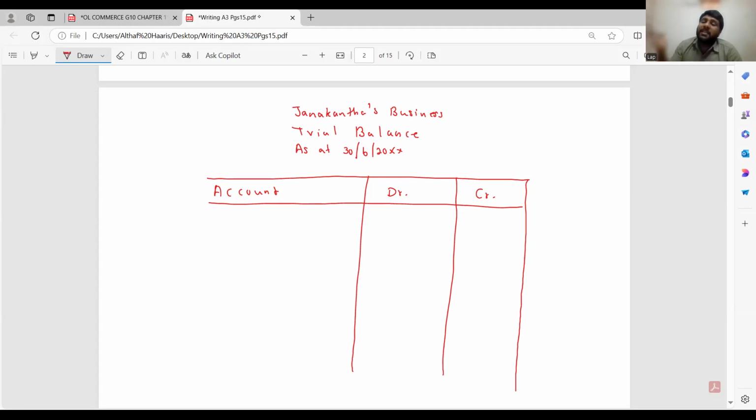Write the debit ones in the debit side, credit ones in the credit side. Start.